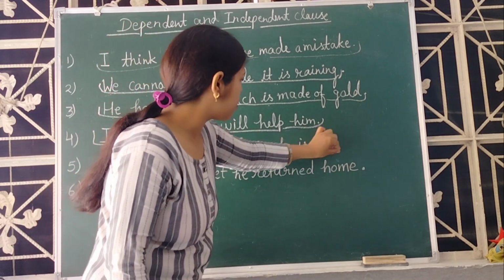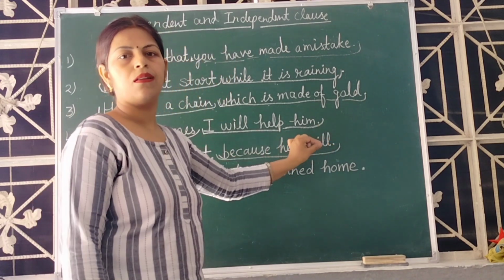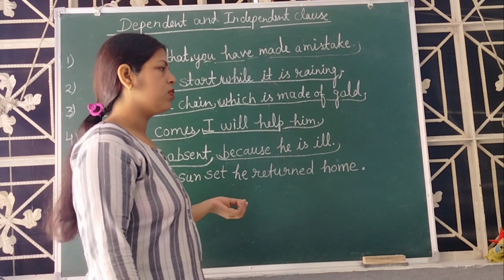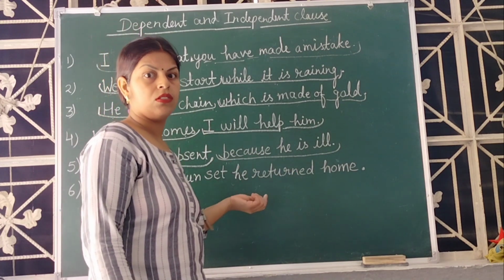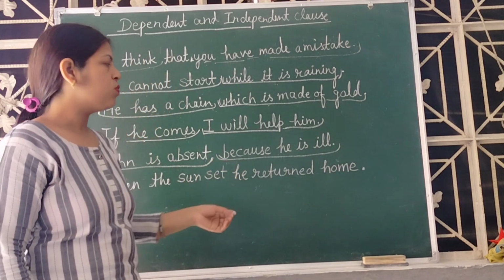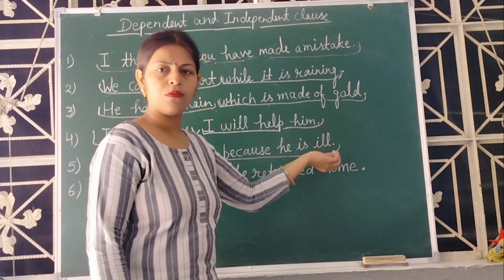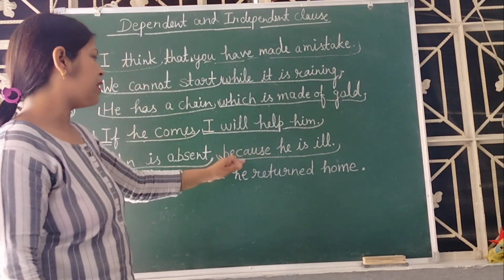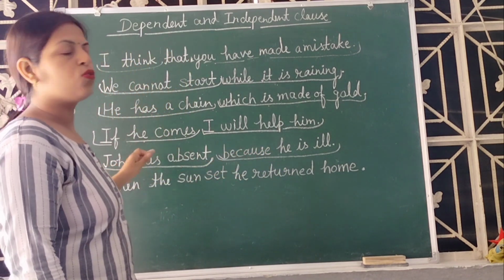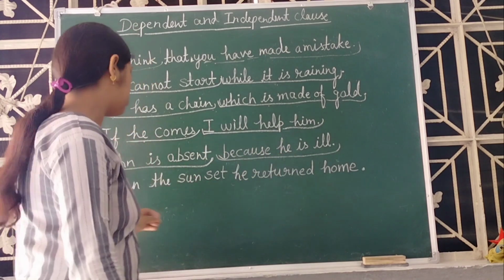But if I say only because he is ill, क्योंकि वह बीमार है. Then what? We don't know. So it has a subject plus verb combination. It is a clause, but it is dependent on this clause to make a complete sense.